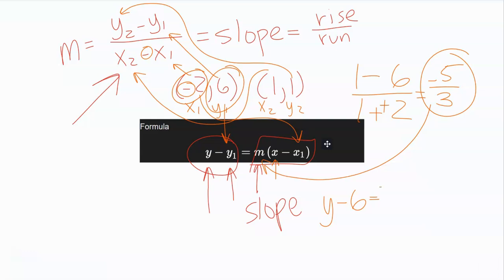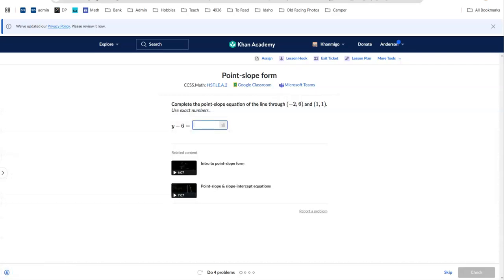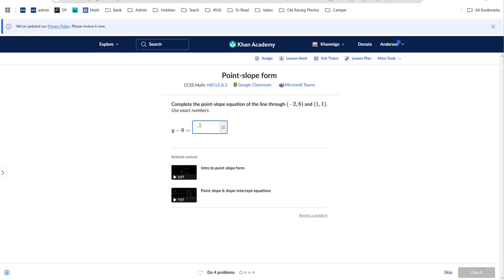Then our slope, -5 over 3 times x minus x1, which is a double negative. So we need to insert this into our text box. -5 over 3 times x plus 2.